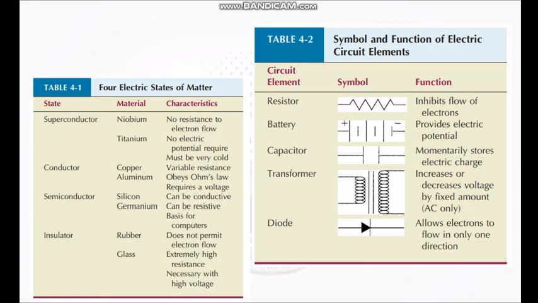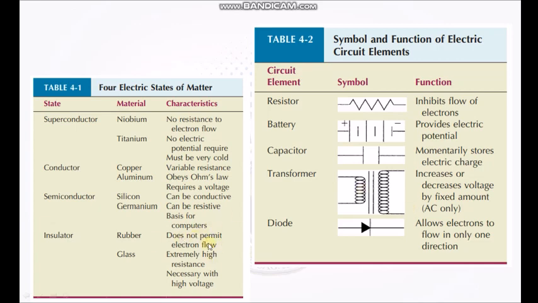Like for example, when you have a charger, you have extension wires. Basically all of the appliances' copper wires are covered with plastic. They are covered with rubber. That is because rubber does not permit electrons to flow within them.